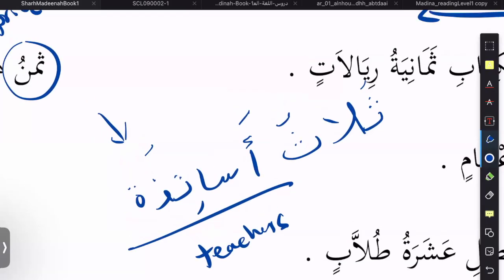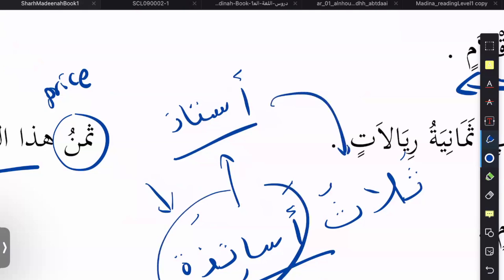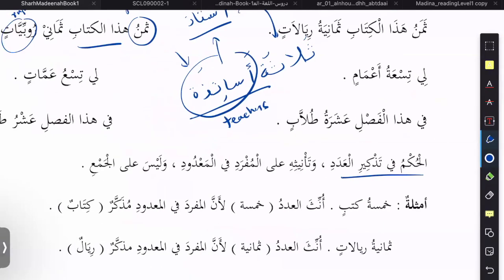You have to go back to the singular version. Singular is ustad, which is masculine. You don't look at the plural, you look at the singular. So here you have to say ثلاثة أساتذة. It's a very important point.